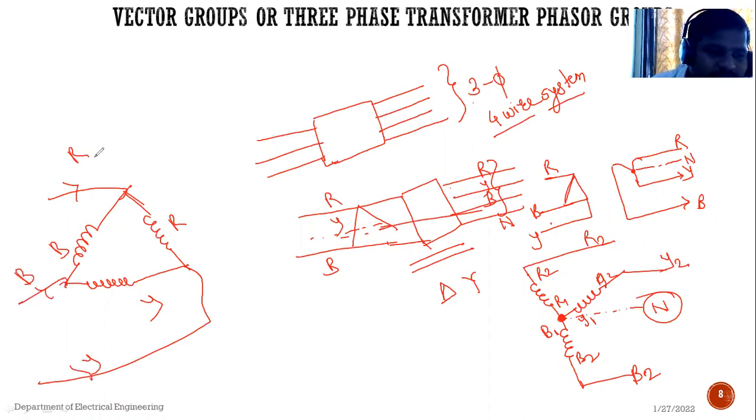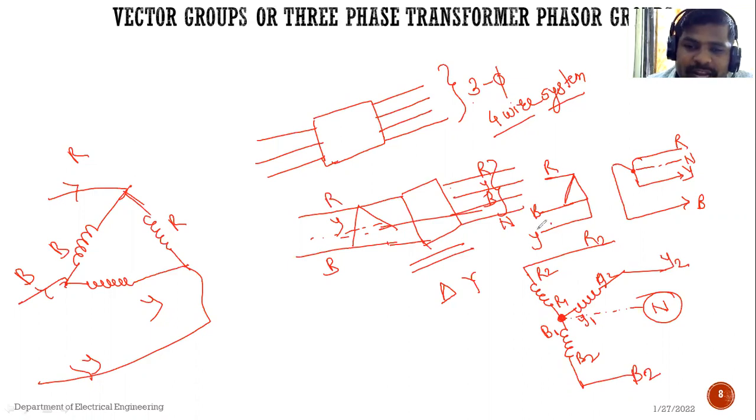It is nothing but B. So can any terminal remain? Does any terminal remain from which we can take a connection? No. So three phase, and also in case of delta connection, the conductor requirement is less.